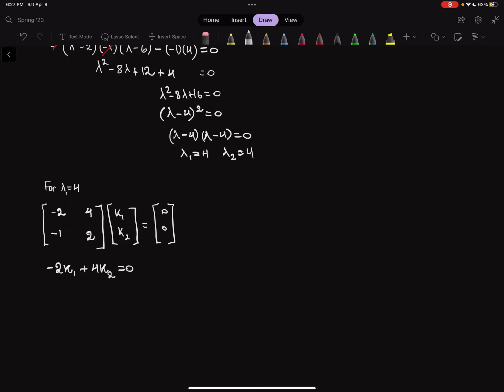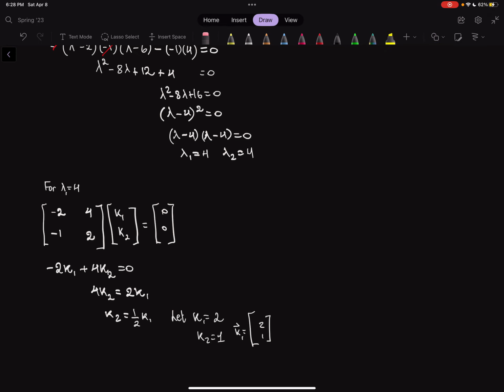And so we can say that 4k2 is equal to 2k1, or that k2 is equal to 1/2 k1 if you divide both sides by 4. So let k1 be equal to 2, then k2 is going to be equal to 1, and we'd have the vector 2, 1 here for K. Now, how do we find the second one?